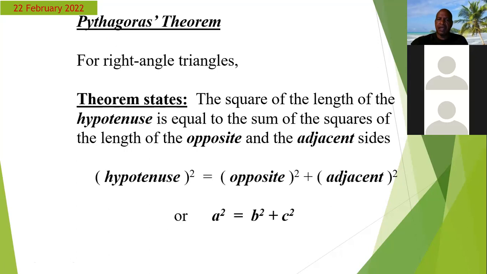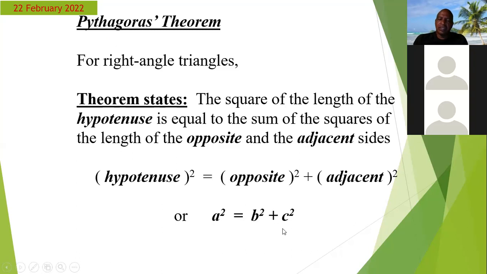Now, if we are looking at the theorem in a more condensed form, in the form of an equation, this is what the theorem looks like. The hypotenuse square is equal to opposite square plus the adjacent square. And if we use the labeling of the sides of our triangle in the form of ABC, then given that A is the side of the hypotenuse, B is the side of the opposite, and C is the side of the adjacent.